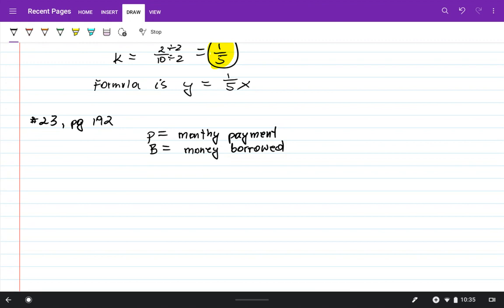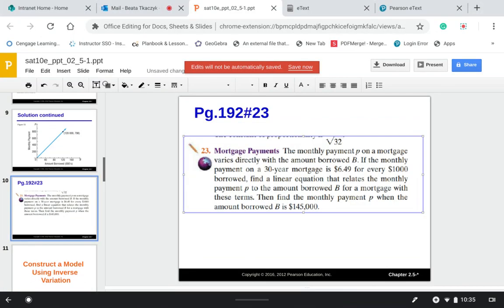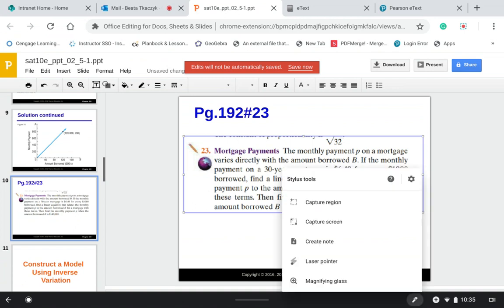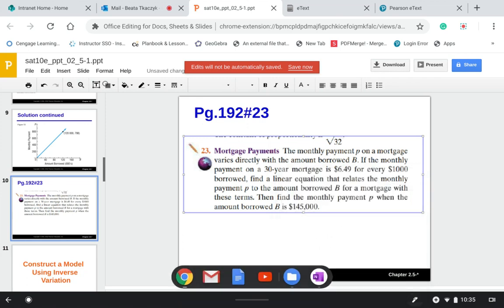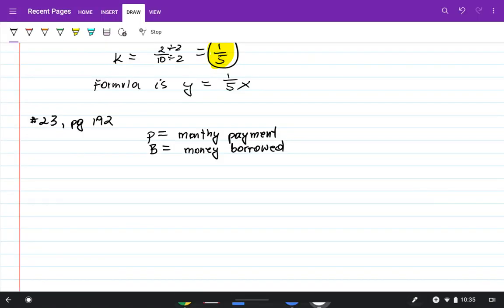Now, we know in this problem that the monthly payment P on the mortgage varies directly with the amount borrowed B. So I already know how to create the equation. That means P equals a constant times B, you're always going to have a constant times B. So again, don't forget that K means constant of proportionality.